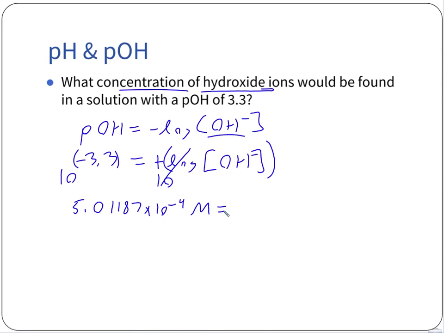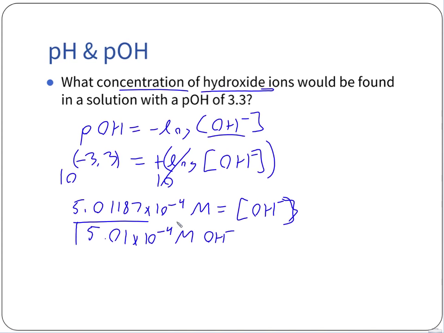And so that should be equal to our hydroxide concentration, which is what it asked for right here. Sig fig wise looks like 2. So this would just be 5.0 times 10 to the negative fourth molar hydroxide. So that's how we go ahead and work that out.